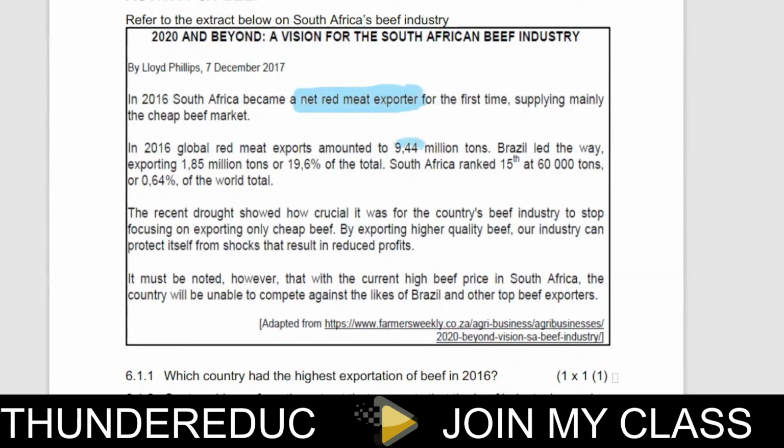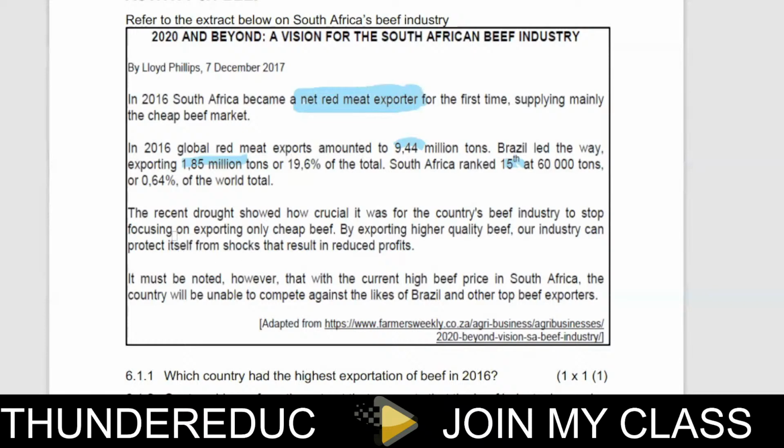Brazil led the way, exporting around 1.6 million tons, or 19.6% of the total. South Africa ranked 15th, which is not bad, at around 60,000 tons, or 0.6% of the world total. All right.